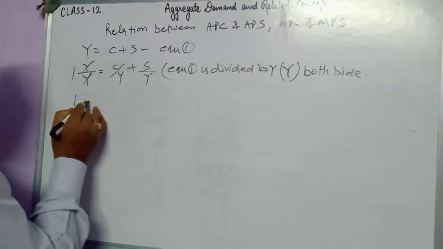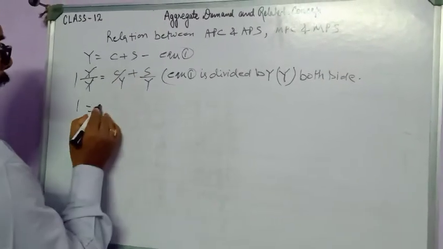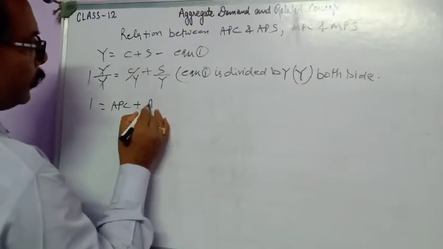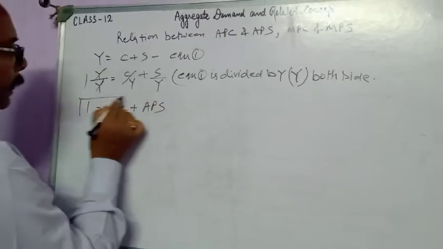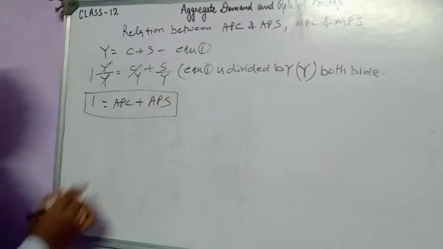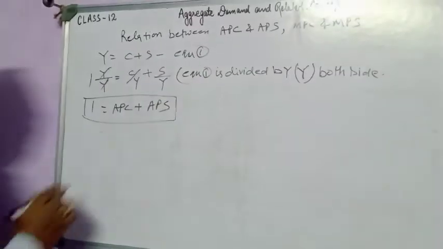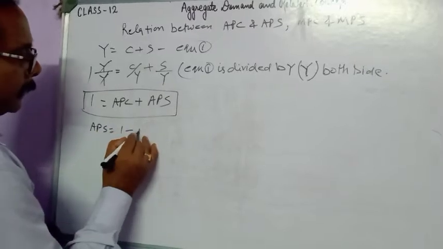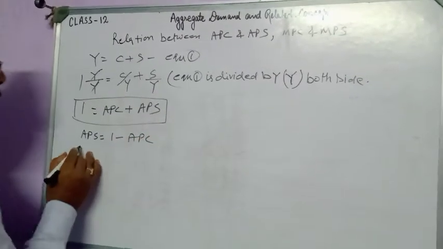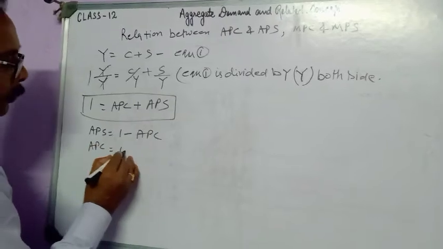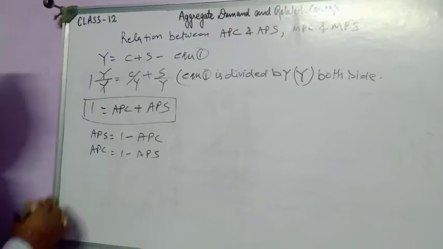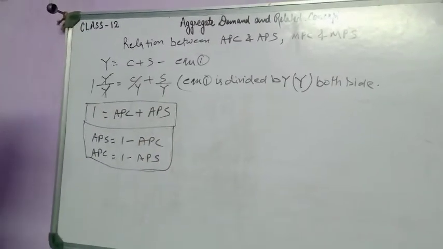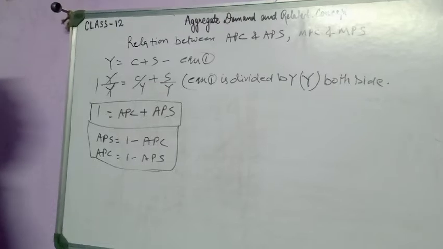So 1 is equal to C divided by Y, that is the APC, plus S divided by Y, that is APS. So here we find that APC plus APS is equal to 1, or we can say APS is equal to 1 minus APC, or APC is equal to 1 minus APS. So this is the basic relation between the average propensity to consume and the average propensity to save.